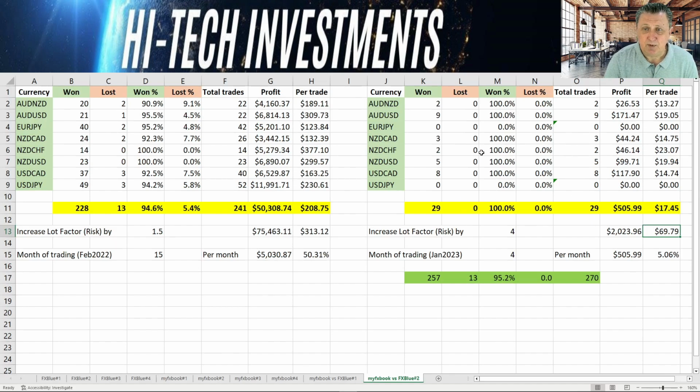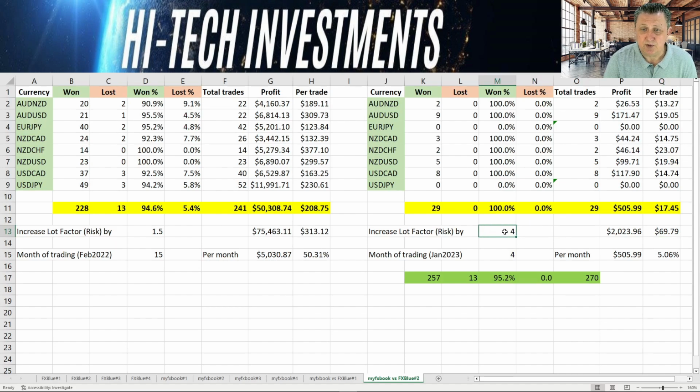If we do the same on our side here, so again we have only the 8 left, which is now 29 winning ones and 0 loss, 100% win rate and 0 loss here. Total trades 29, which is obviously a lot less than what we saw on Leapfx. And then the profits would have been $505, or per trade $17.45. And then increase lot factor.